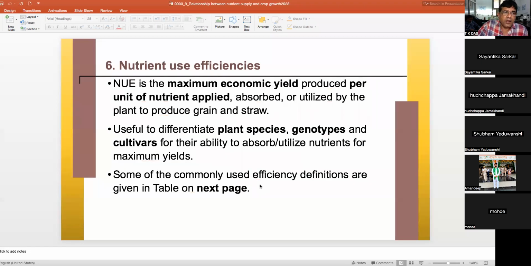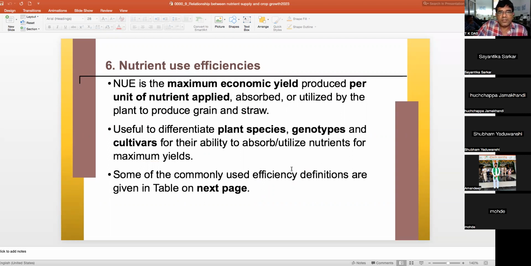And then the other thing could be nutrient use efficiency. We can know the response to the nutrient with respect to nutrient use efficiencies also. These are important tools that tell us how much yield or how much response can be achieved by adding a particular unit of input or fertilizer. So nutrient use efficiency can be very well used to know the response of growth.